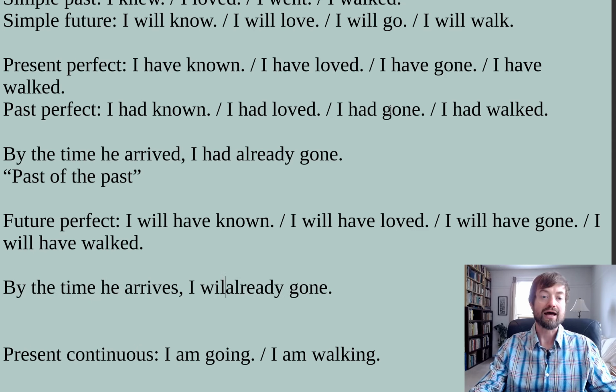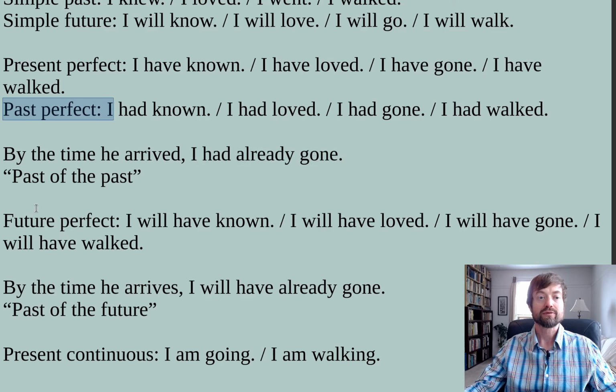So the tense is about setting the reference point. When you're in the past tense here, you set a reference point of some time in the past. Okay, now here's a completed state before that reference point. So that's past perfect, past of the past. Now in this future form, you establish a reference point in the future.